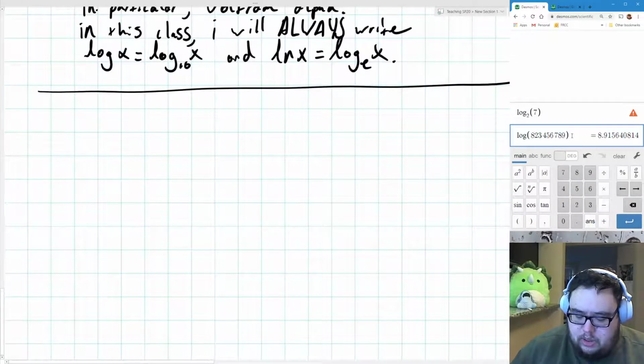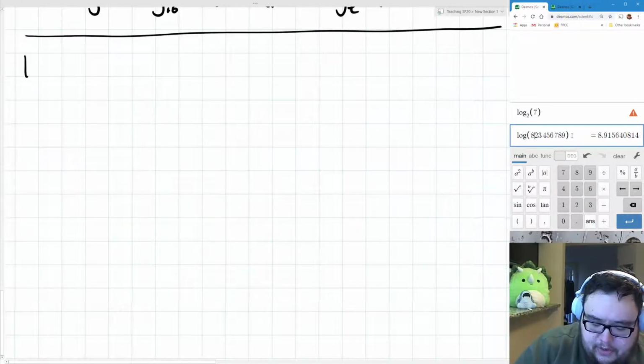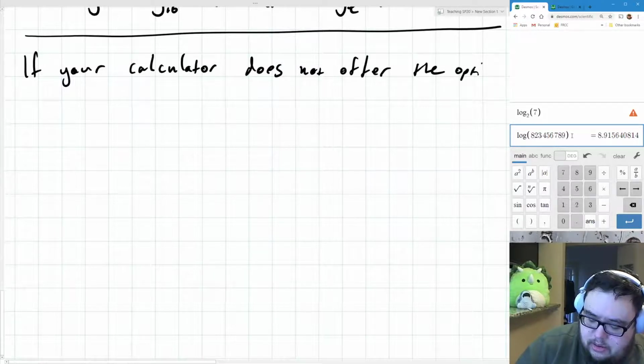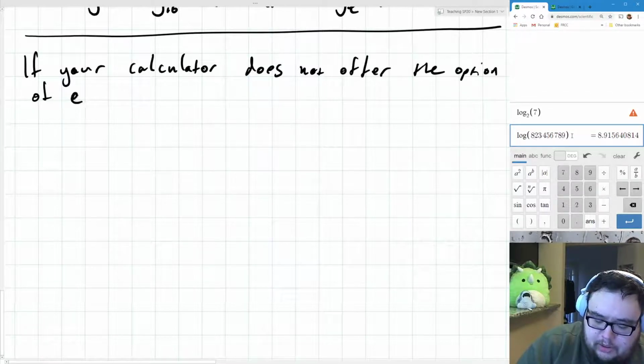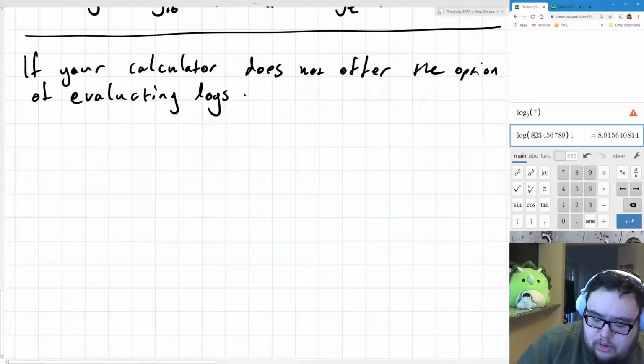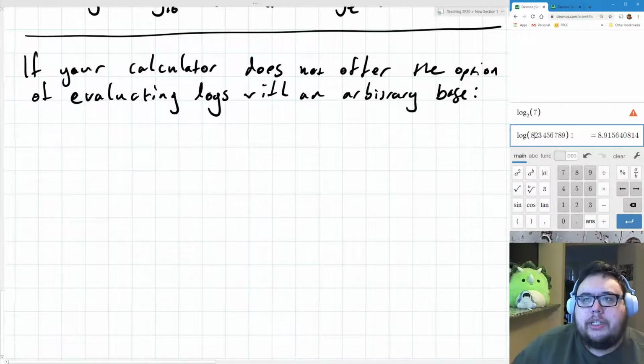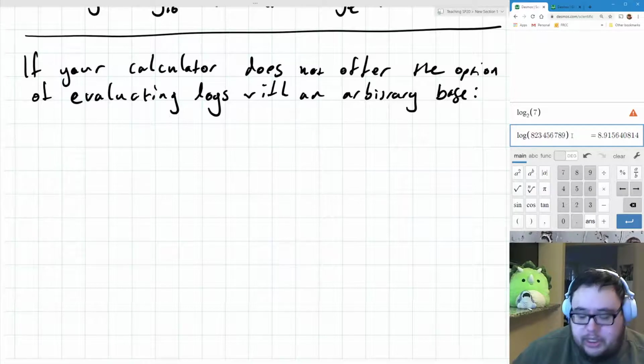So if your calculator does not offer the option of evaluating logarithms with an arbitrary base. For instance, TI-83 and TI-84 calculators tend to let you do this.